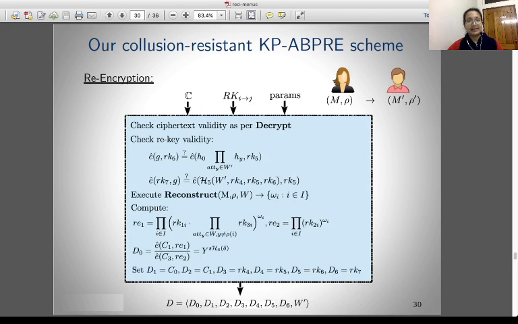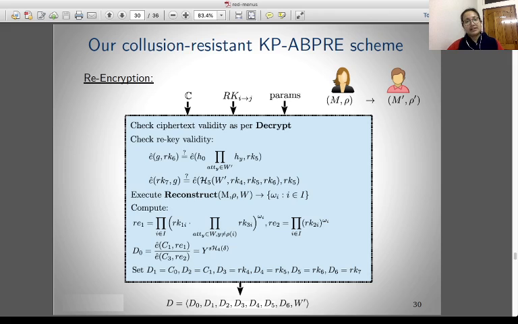Next, we have the re-encryption algorithm. The intuition as to why our ciphertexts are of constant size is that we increase the size of the re-encryption key and the secret key by a value of w, where w is the number of distinct attributes. In the re-encryption algorithm, we again do a ciphertext validity check as per the decryption algorithm of the first level ciphertext.